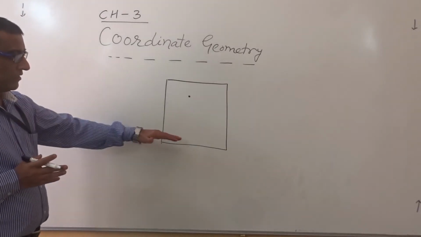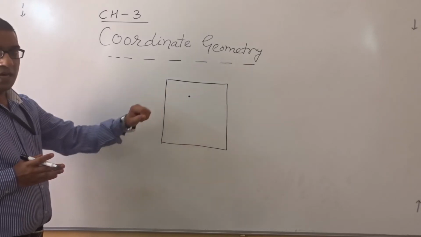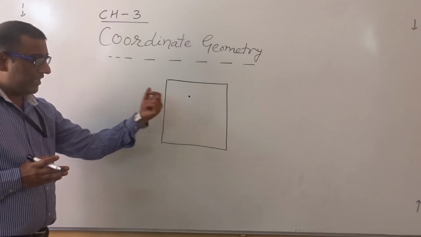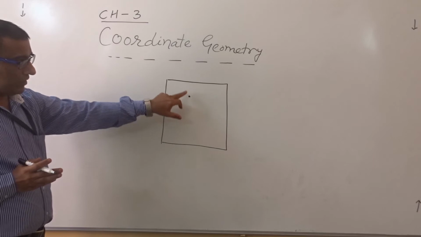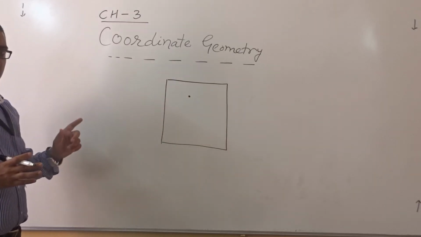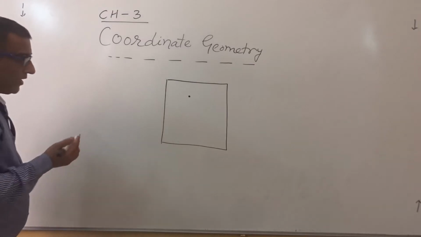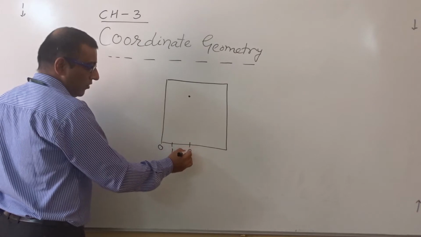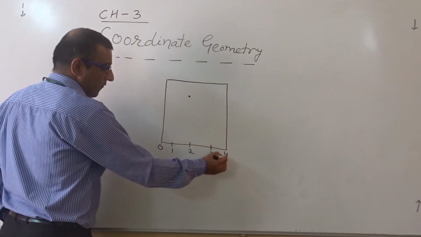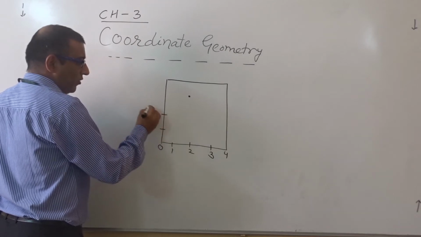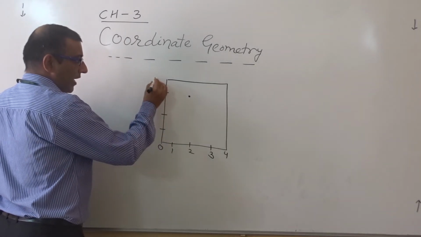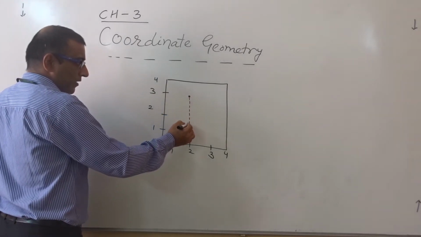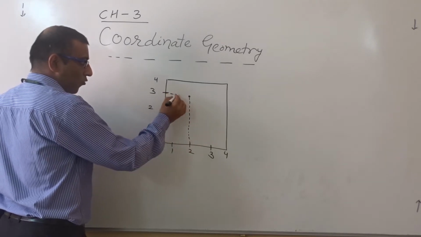Someone says it lies more than halfway. From this edge, from this side, it is very near, and someone says it is near to this side. So it is very difficult to identify the location of this point. But if someone takes this as 0, 1, 2, 3 and 4, and here we are taking 1, 2, 3 and 4, then we will easily say that this point, if we join it, it will look like this.